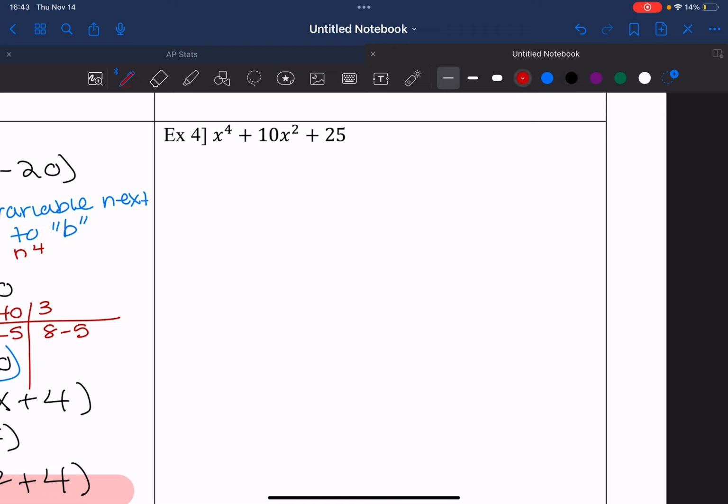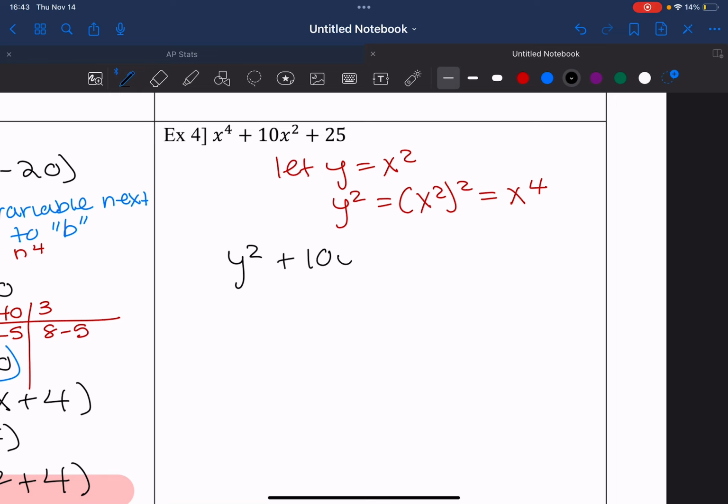But since our thing is already in terms of x, I'm just going to let a different variable take the place of x. So I'm going to say let y equal x squared. So y squared equals x squared squared, which is x to the fourth. So I have y squared plus 10 times y plus 25.